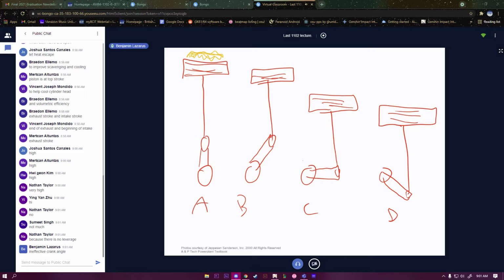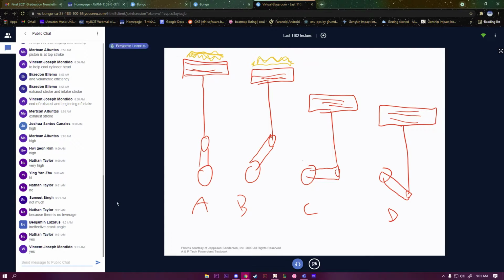Okay, so position B, how about that? Am I going to start to get some torque in position B? Yeah, I'll actually get pretty good torque. I don't have a great crank angle, but I've got really, really good pressure. What about C?